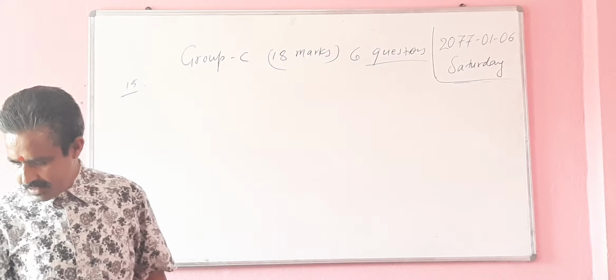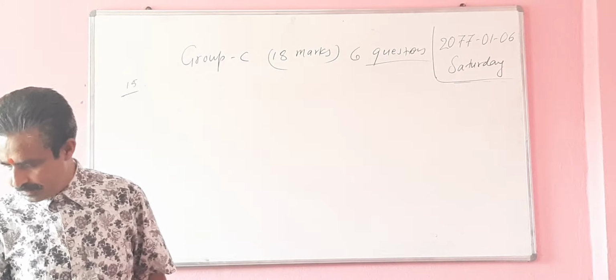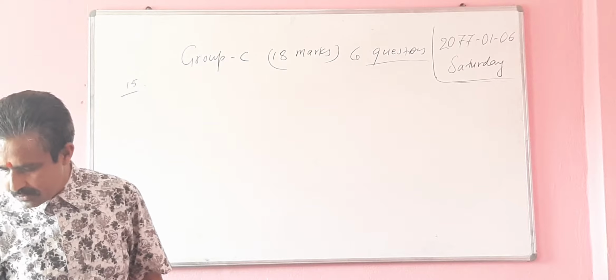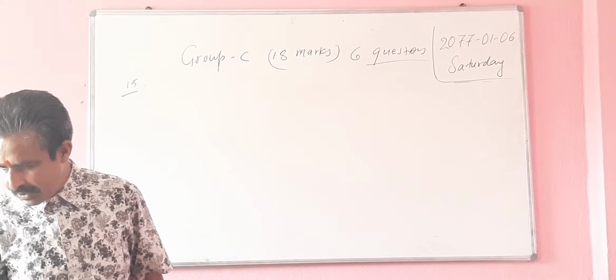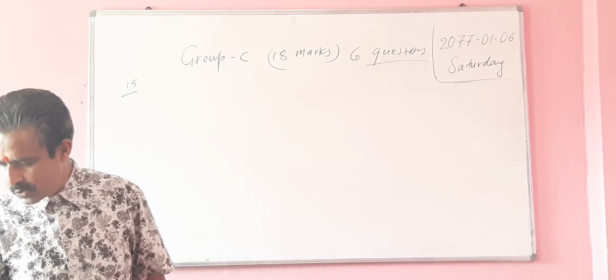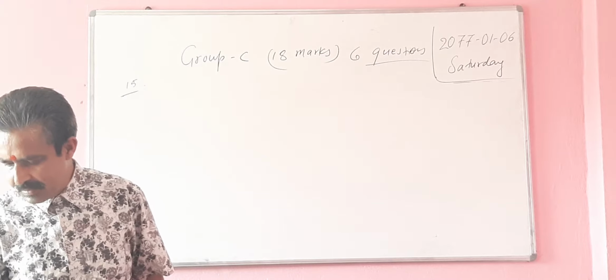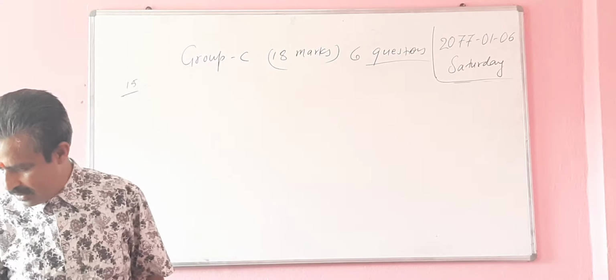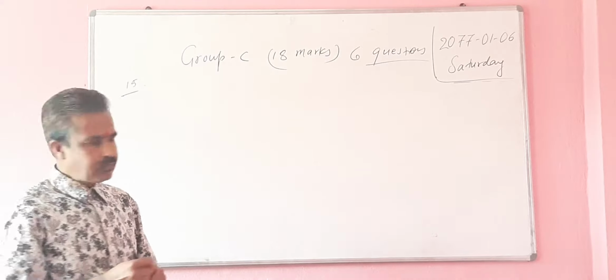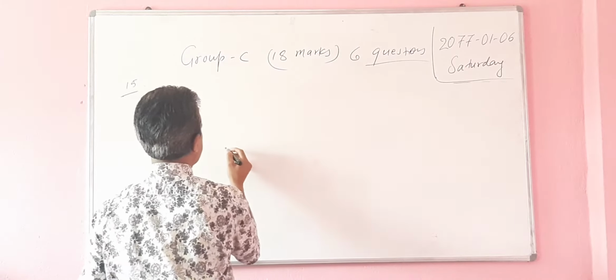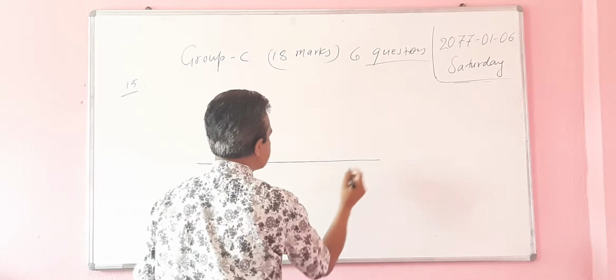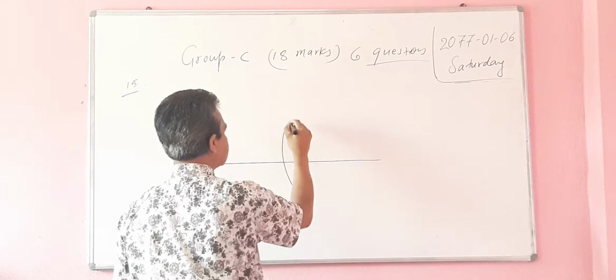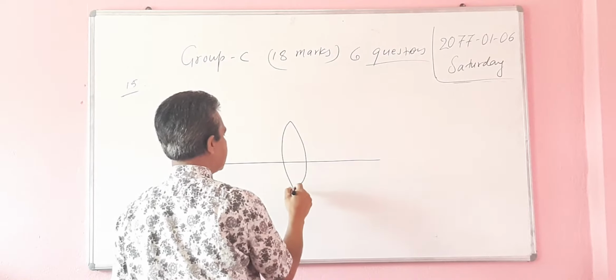Question number 15 is from the chapter Light. Redraw the given ray diagram and complete it. Also write two natures of the image formed along with its one application. Here is one diagram: the image formed by a convex lens.